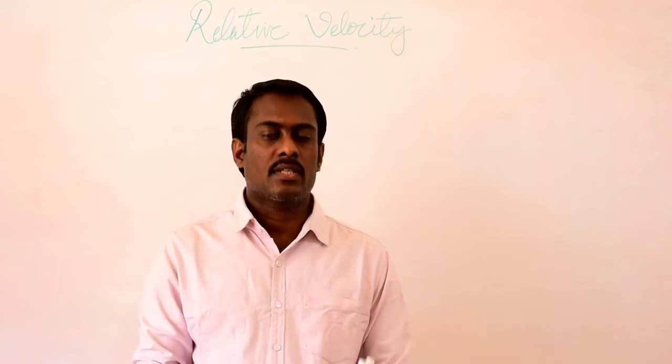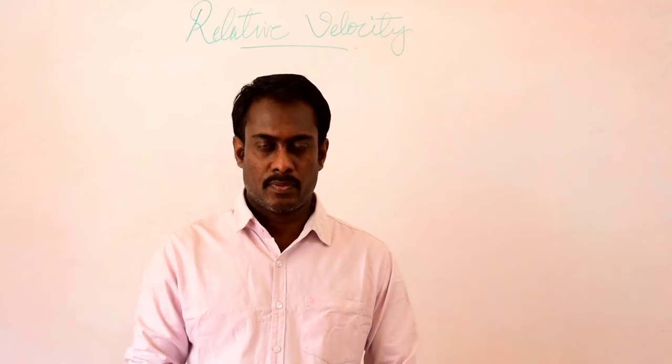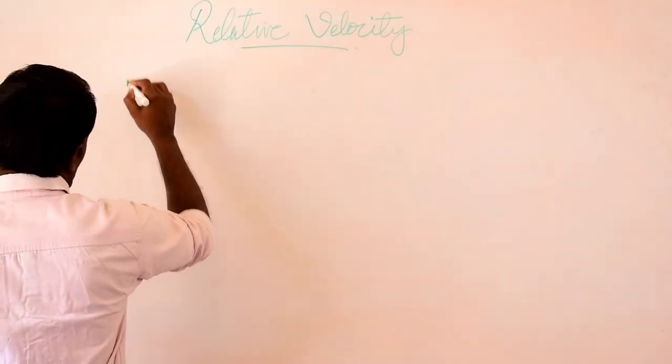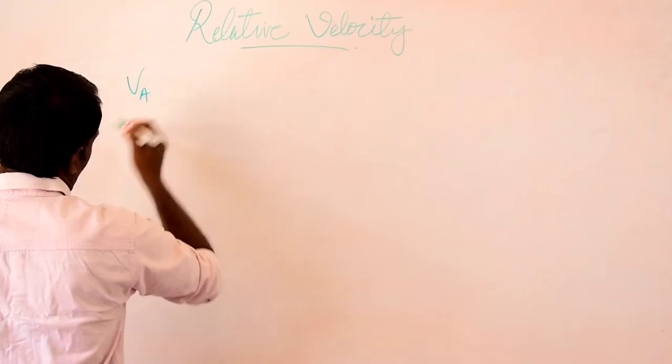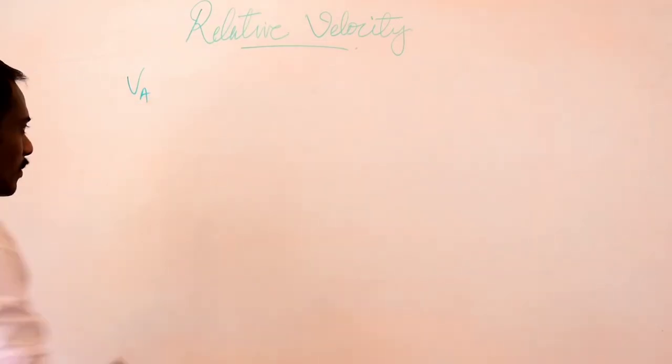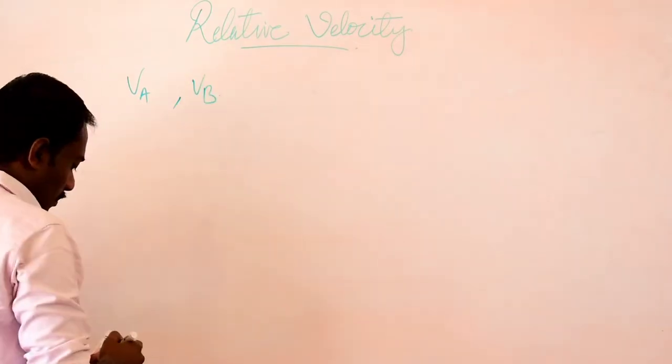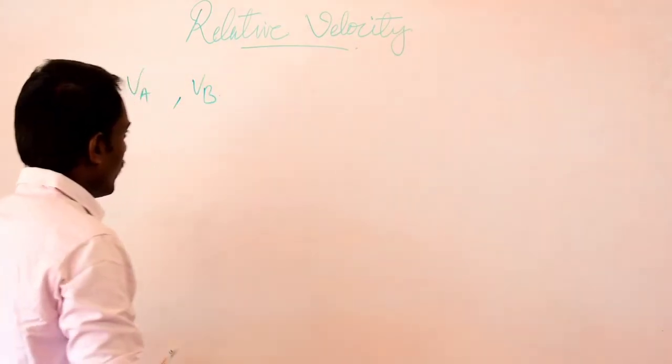If the vehicles are moving with different speeds, say two vehicles A and B are moving with velocities VA and VB respectively.